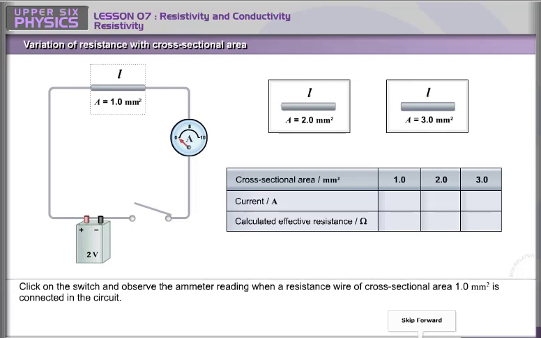Click on the switch and observe the ammeter reading when a resistance wire of cross-sectional area 1.0 square millimeter is connected in the circuit.